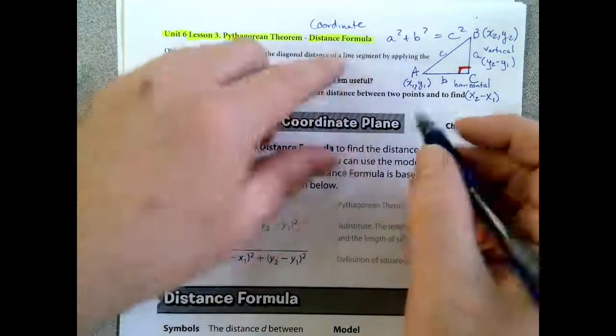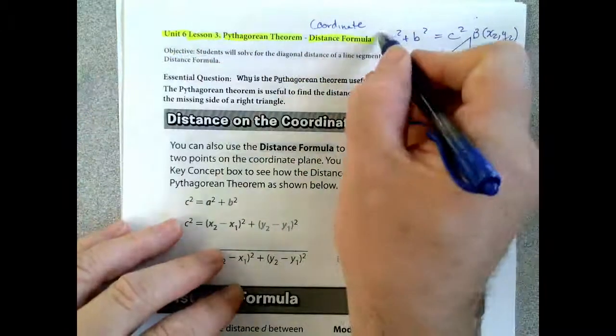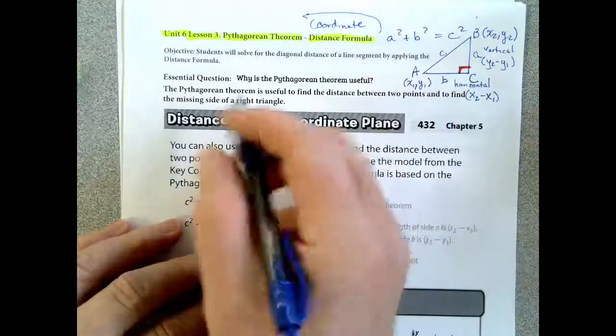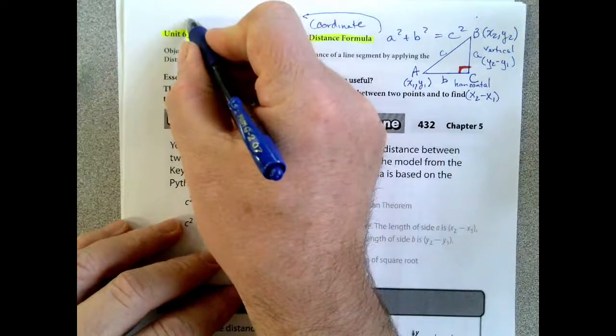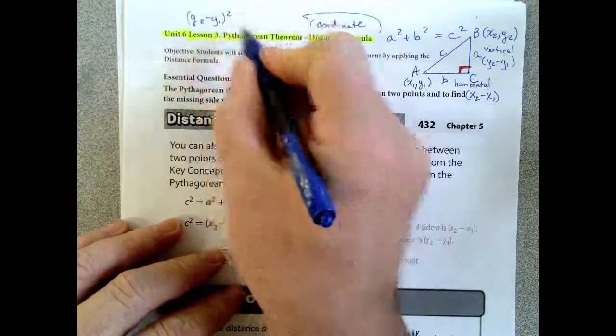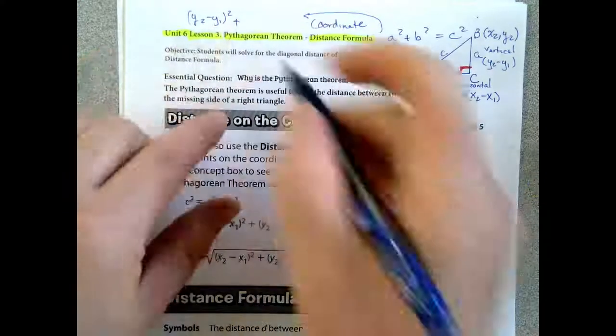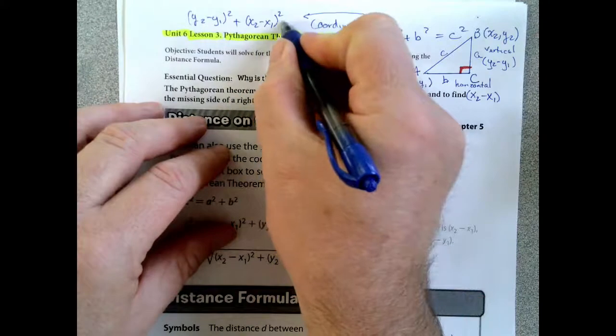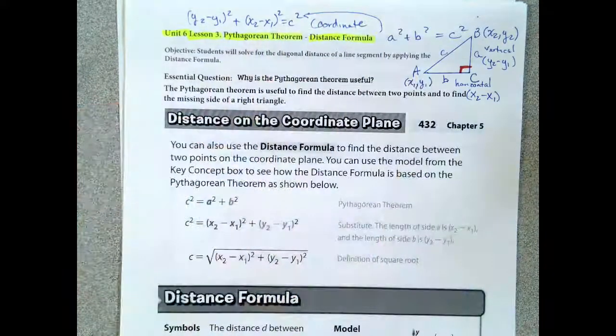So we end up with, in place of A, y2 minus y1 squared, and then we'll have x2 minus x1 squared, and that will equal c squared. The distance here.